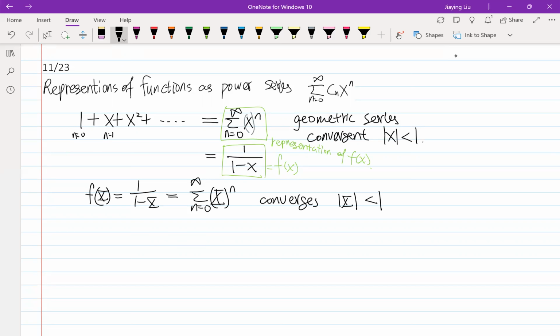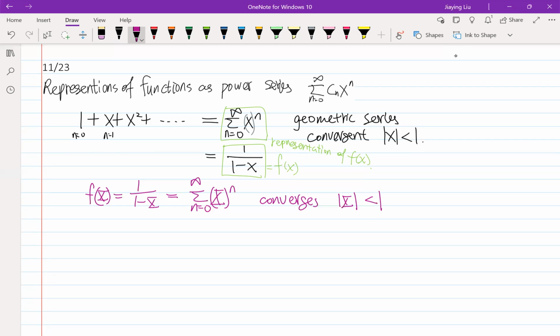But here I use the more general notation capital X to distinguish from the lowercase x, because a lot of times a function given is in lowercase x, and if we don't distinguish them, it could be confusing because they could have different meanings in different steps.